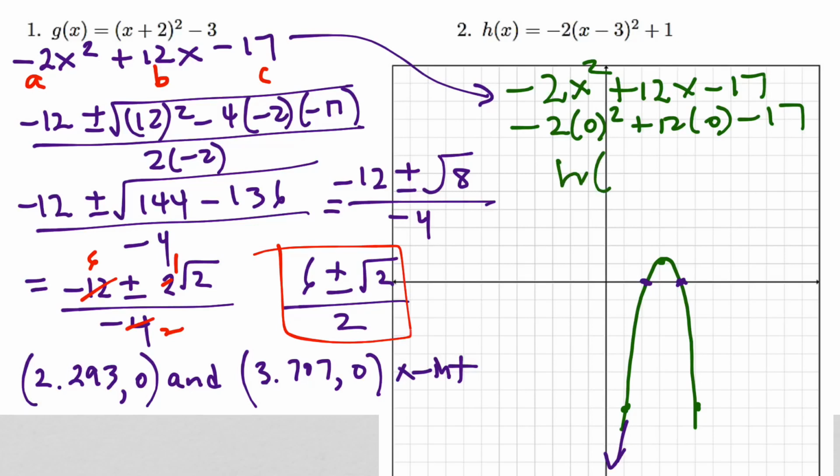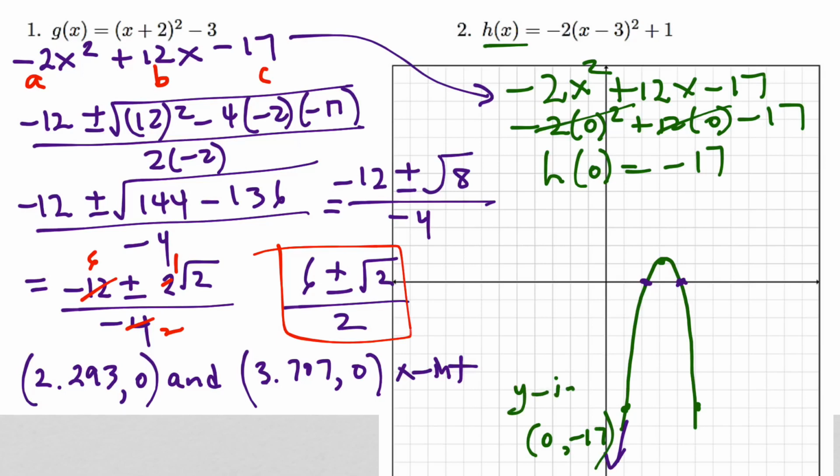Our function is h here. h of 0 is negative 17. So it is going to cross down here at the point (0, negative 17), which is off my graph. So that would be your y-intercept. Okay, so we figured all that out.